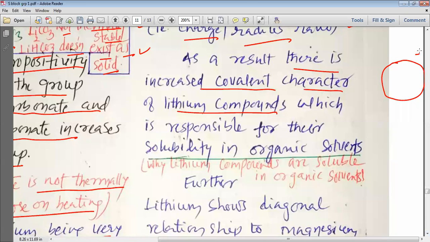Suppose this is your negative ion. Lithium, being very small, can polarize these ions, create a distortion, and that is what generates the covalent character.